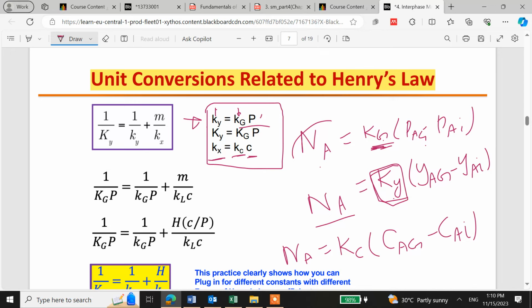So kc is flux divided by concentration, and kx is the same as flux, so you need to multiply with concentration. These are important for changing one form of mass transfer coefficient to another.